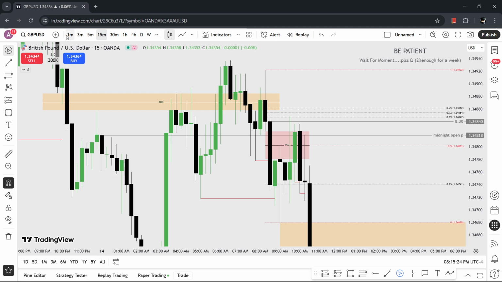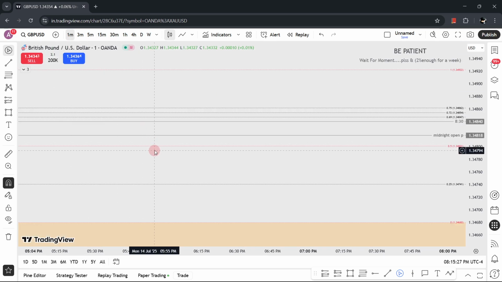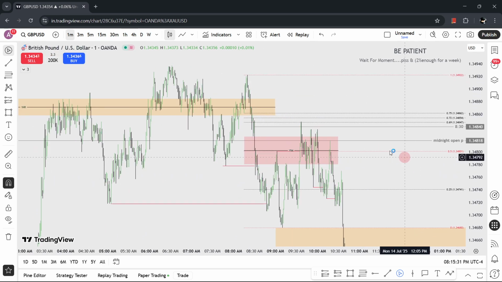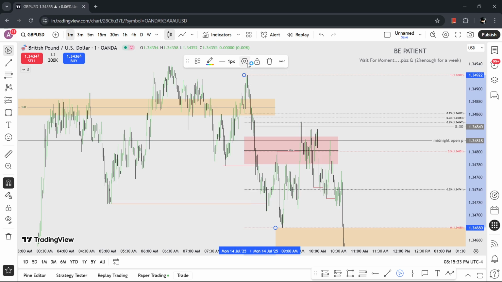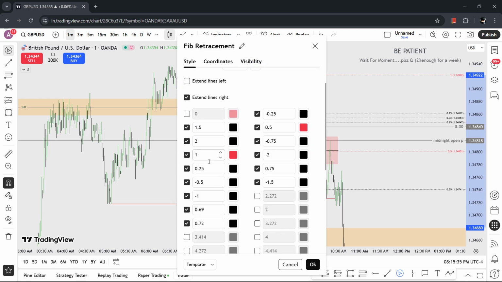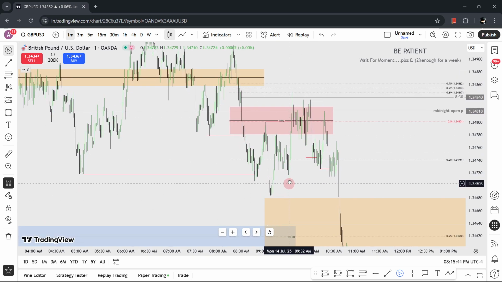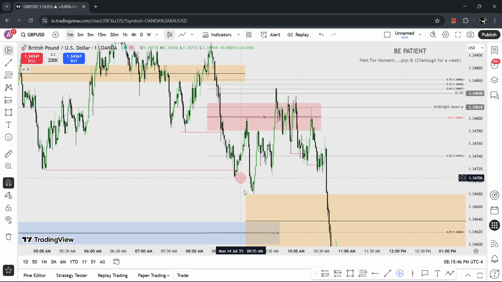Going to a 1 minute chart, I took the Fibonacci from here, this high to this low, okay? Because this is the current high and low formed.